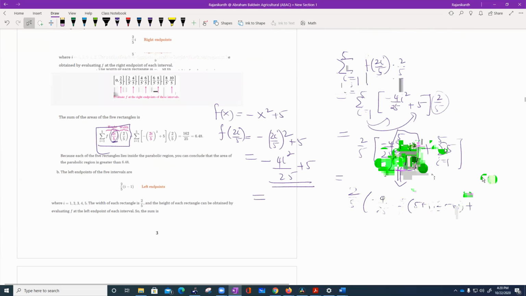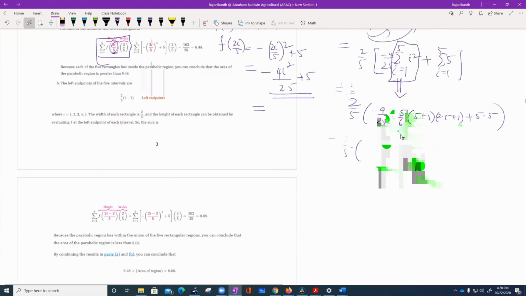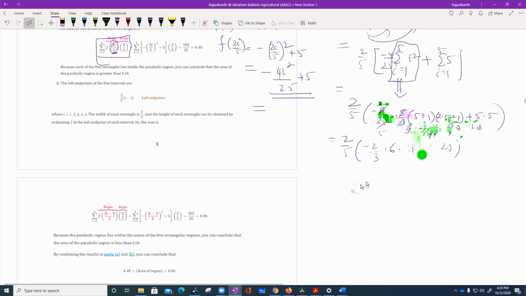Then plus 5, which is a constant. The summation i from 1 to 5 of 5 is simply 25. The 5 and 5 I could cancel, right? And this is 2, this is 3. So you will get negative 2 thirds here. And here you will get 6, since 5 plus 1 is 6, times 11, plus 25. Now simplify this and you will get the answer.